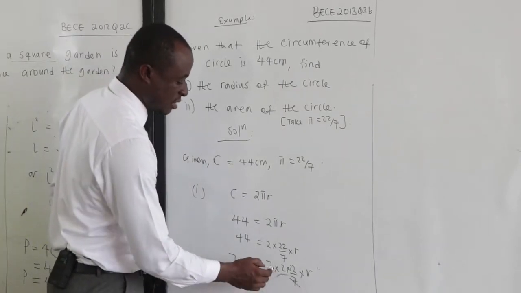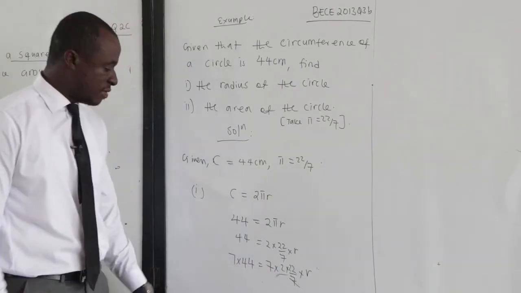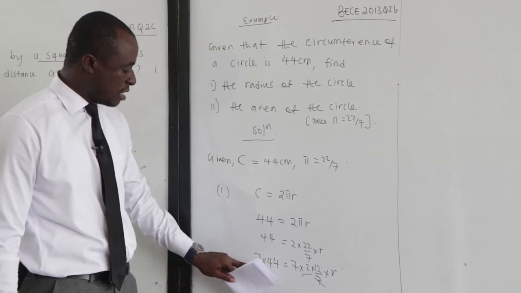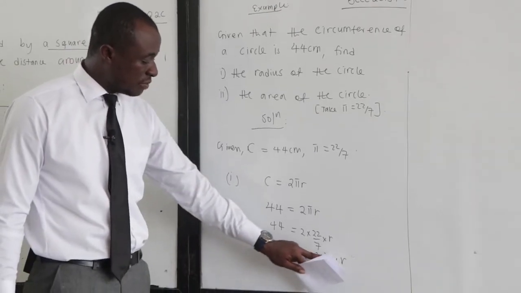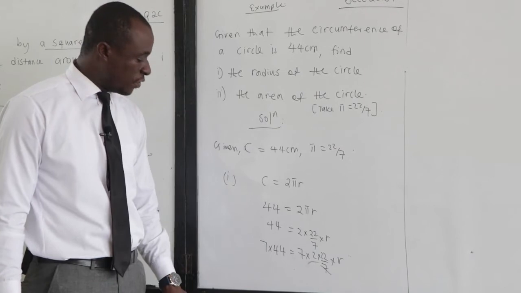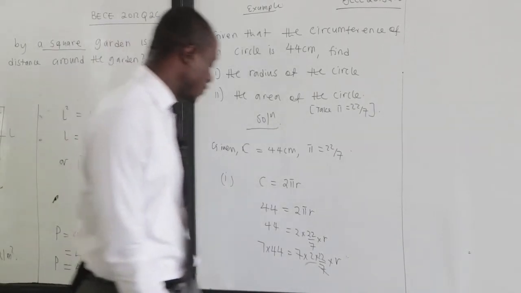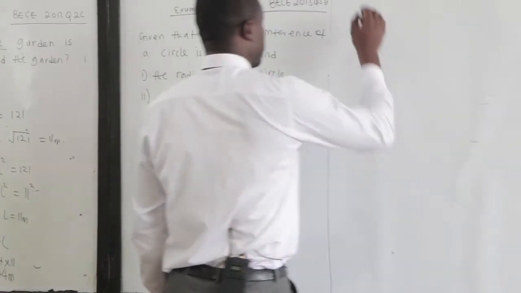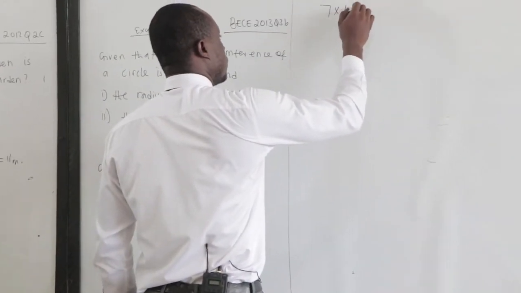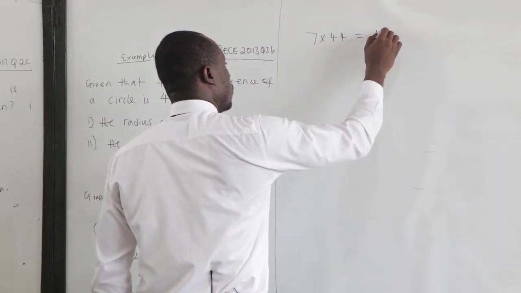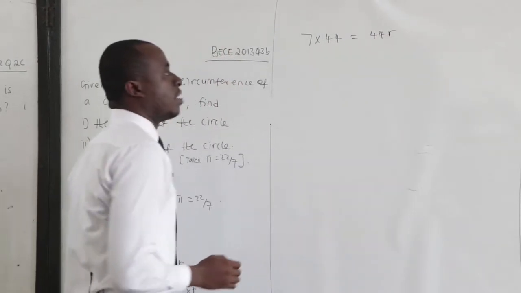Clearly, this 7 cancels out that 7. We have 44 here times 7. Now 2 times 22 will give you 44, so I won't multiply out the 7 times 44. From here, I have 7 times 44 equal to 44r.